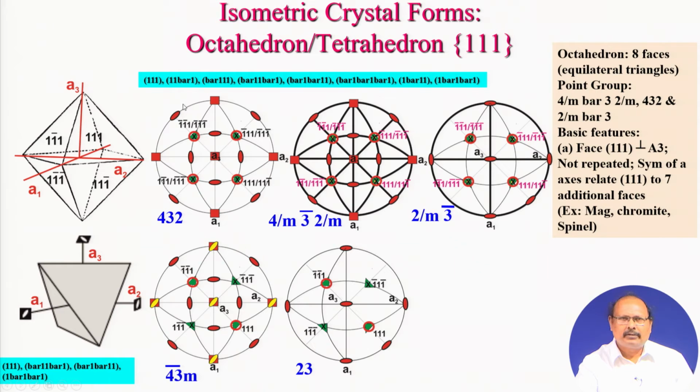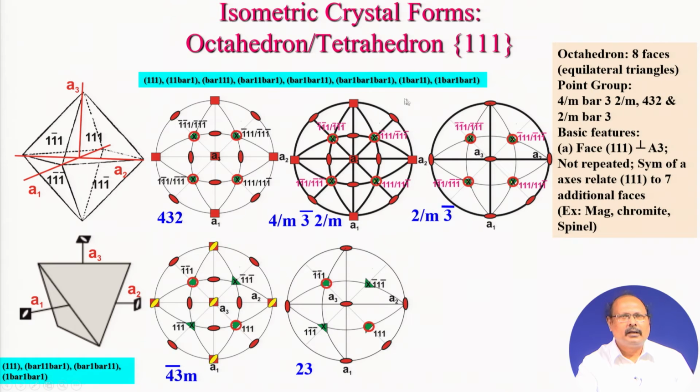Here we now consider a general face as 111, and 111 refers to a crystal face which intersects all the 3 crystallographic axes A1, A2 and A3 at the same unit lengths.